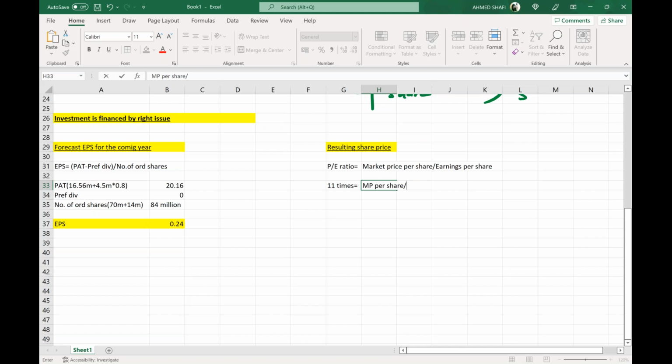What is the earnings per share for the coming year? 0.24, already found. So take 0.24 there. The market price per share is going to be 2.64. This ends the case if investment is financed by right issue. You get EPS for the coming year and share price. Okay, please copy. Any questions, you can ask.